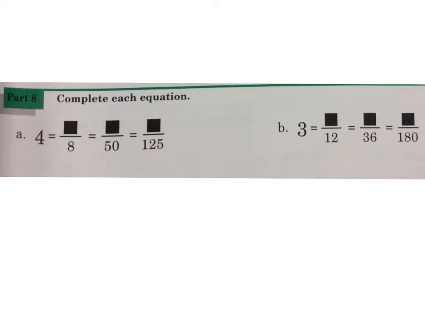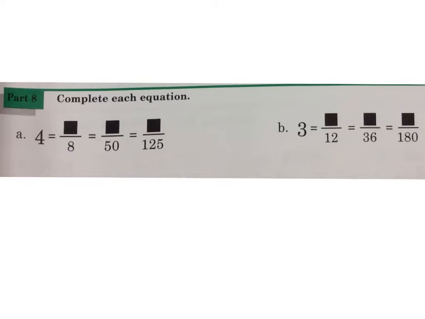So the way that you solve this is that if I have a whole number of 4, I need to know how many parts would I have if I had 8 parts in the unit. So if I had 8 parts in the unit, how many parts would be shaded? That's what we're really looking for here. So if I had to figure out 8 times 4, that would give me my top number.